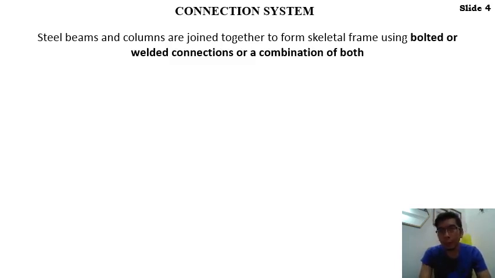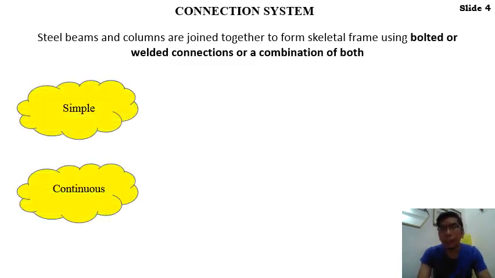In terms of structural frame construction system, it can be divided into two: the simple construction system, or the continuous frame construction system.